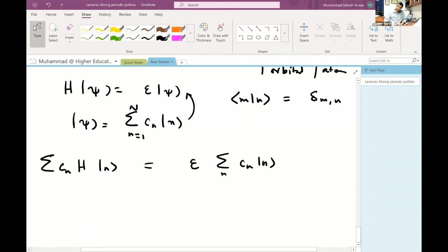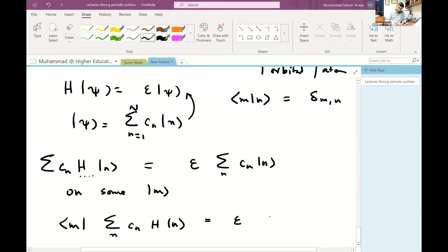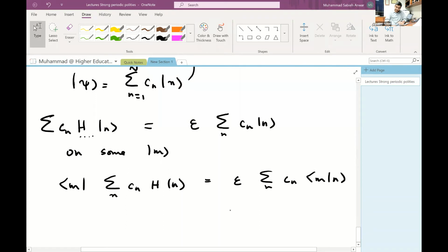Now what I would like to do is take the overlap on some ket m, any of the capital N atomic orbitals. So I take the overlap, what I get is the sum over n of Cn times bra m H ket n, equals epsilon times the sum of Cn times the overlap of m with n. So the right hand side is immediately obvious.